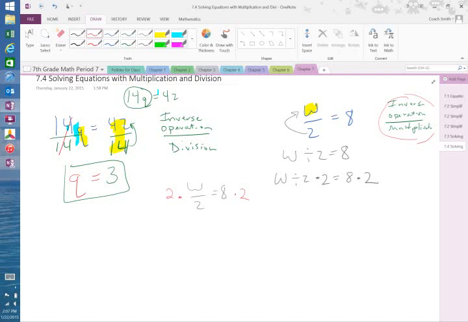They are not going to list your problems W division sign 2 equal 8 from now on. They're going to assume that you understand that W over 2, the fraction, is the same thing as division. Okay, and so that's how they're going to list your equations.